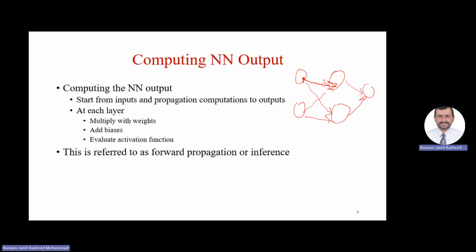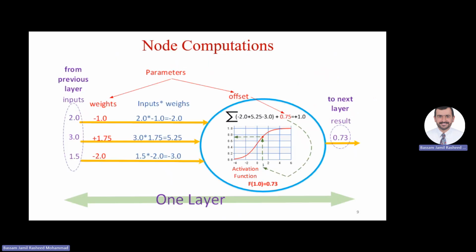Okay, so let's zoom in and do some computation. This is a node here, and this node is getting data from 3 previous inputs or 3 previous nodes. Notice that this data here is 2, 3.0 and 1.5. That's my data.